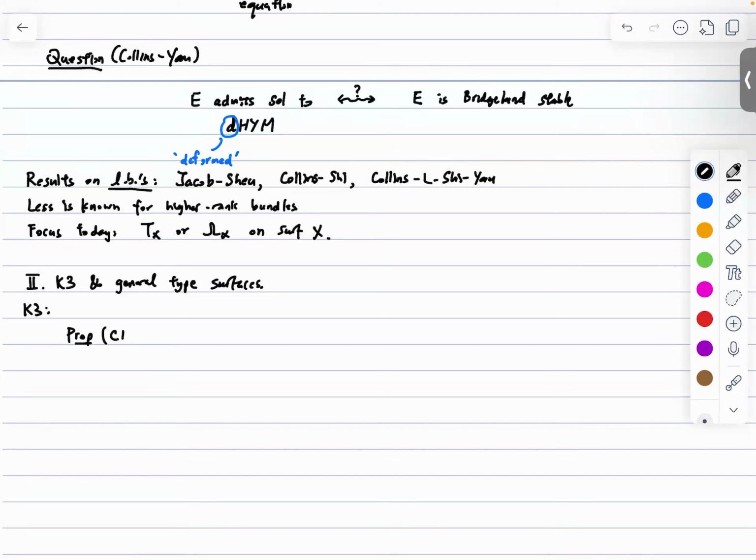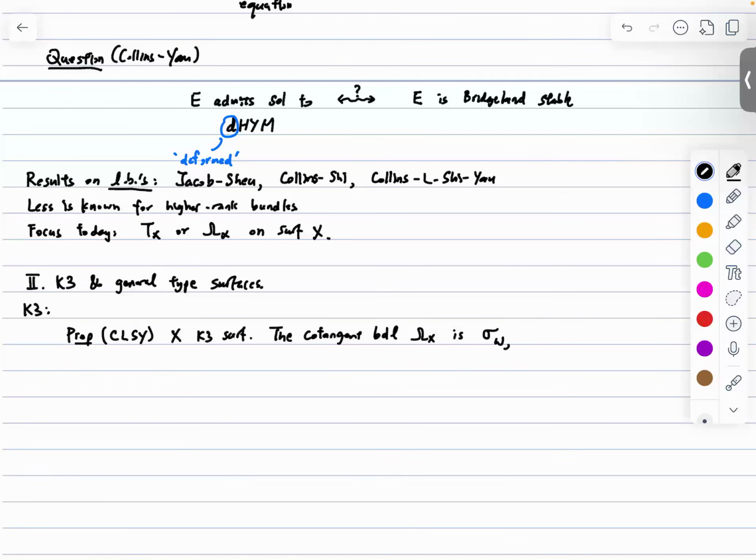So we have a proposition. Take any K3 surface X, then the cotangent bundle Omega is Bridgeland stable. Here is our notation for Bridgeland stability.